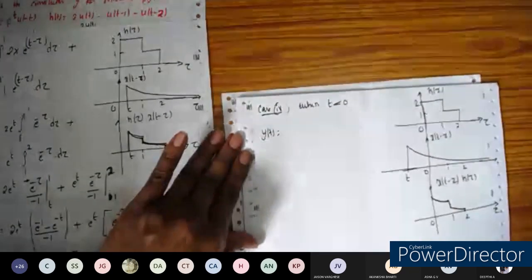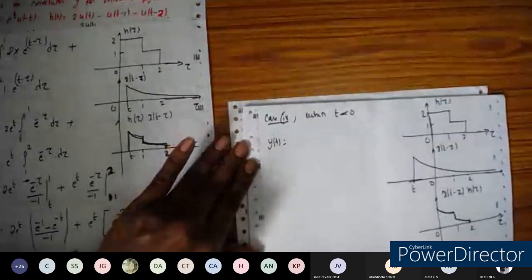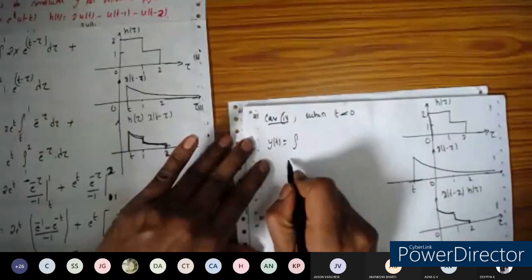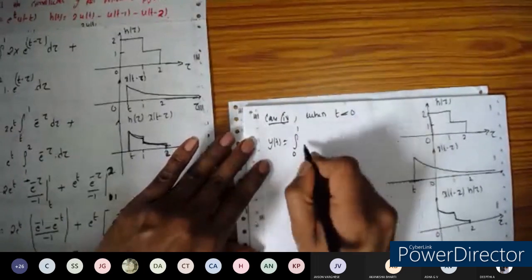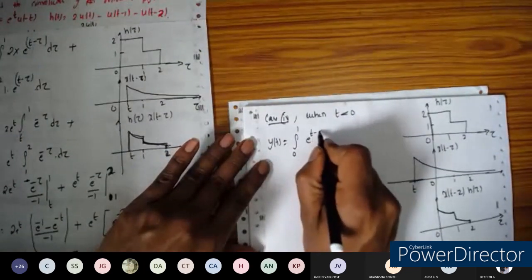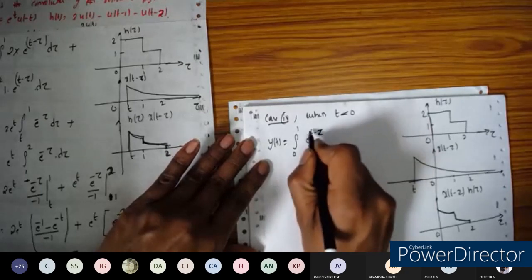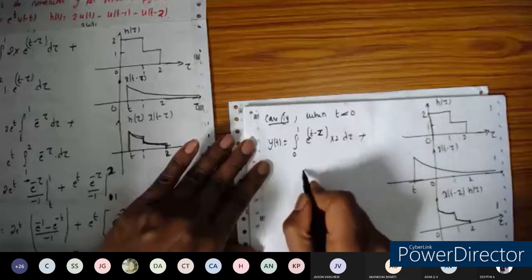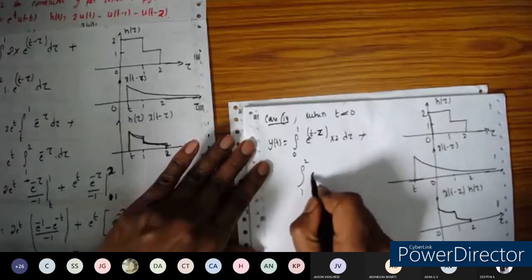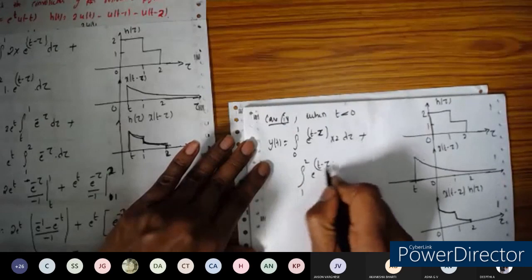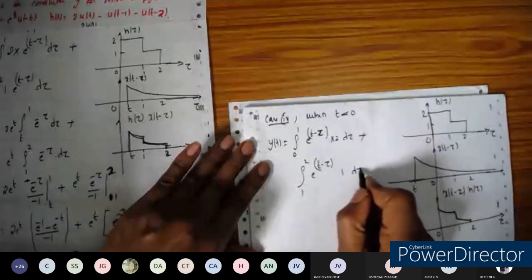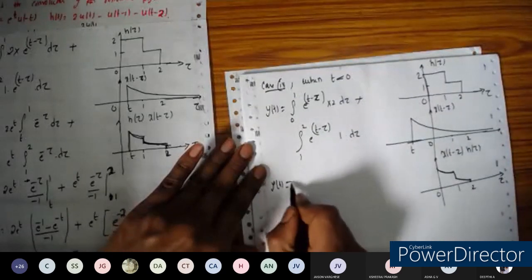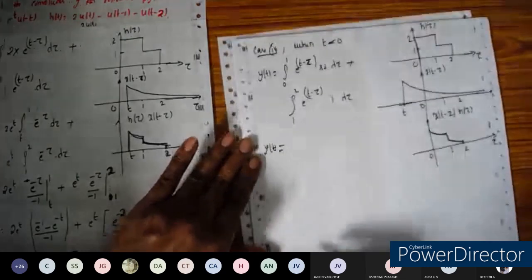So y of t is equal to, we'll split into two parts here. So this is integral from 0 to 1 of e to the power of t minus tau multiplied with the amplitude of 2 into d tau plus integral from 1 to 2 of e to the power of t minus tau into the amplitude 1 into d tau. Okay, so integrate, find the solution and summarize the value of y of t.